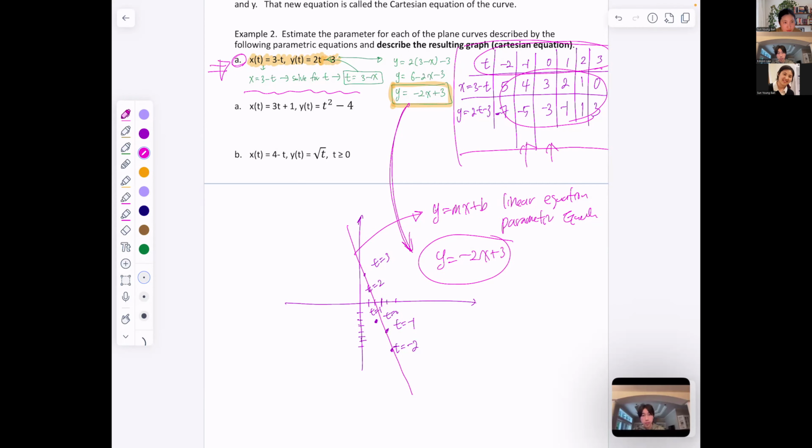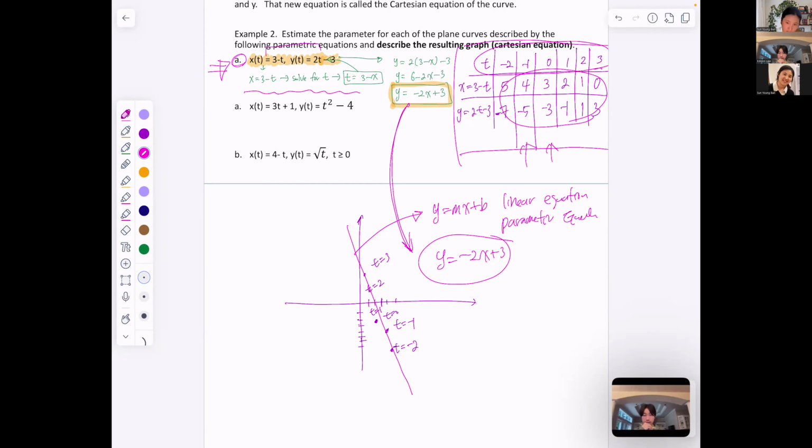So the parametric equation we found out in this question is y equal to -2x plus 3, which is a linear equation. Yes. Are we okay? So parametric equation, you can actually find out what that is exactly. So one more example. So 1.1 is all about parametric equation like this. Find out the parametric equation if you have those two information.